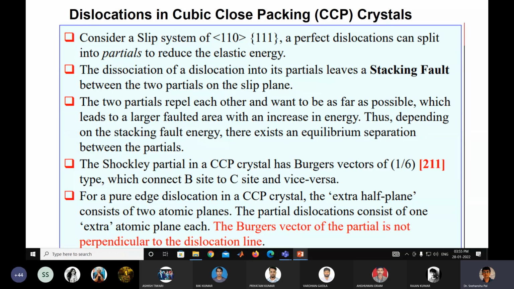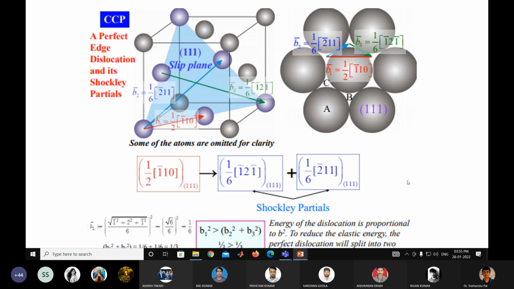You can draw it yourself, and it is very obvious that the Burgers vector of the partial is not perpendicular to the dislocation line, although the full dislocation is an edge dislocation. For the perfect edge dislocation and the Shockley partial, you can see the geometrical representation and the reaction I have given here.